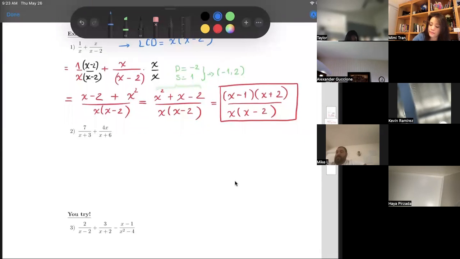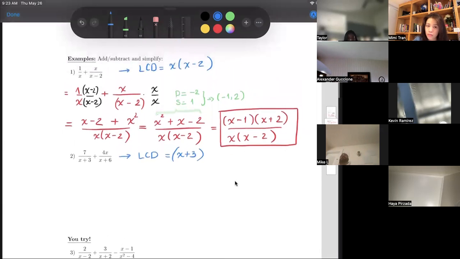Can someone tell me what the LCD is for this one? Is it x plus 3? x plus 3, what else? Remember, how do we find the LCD for the top?